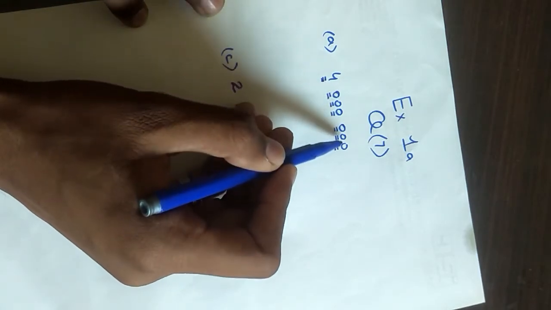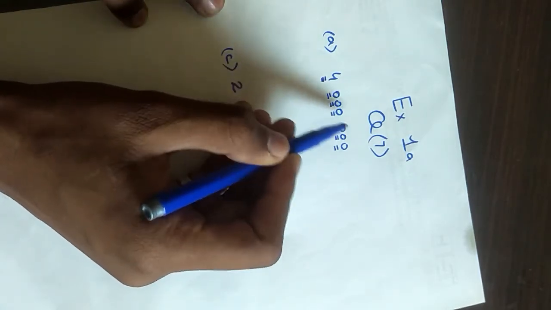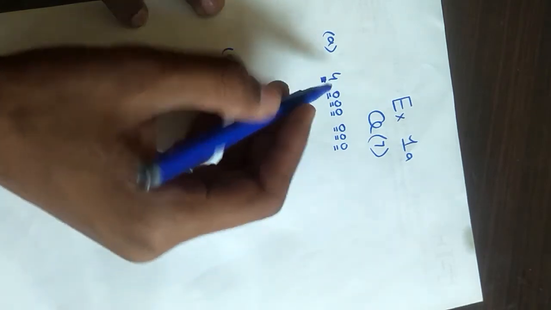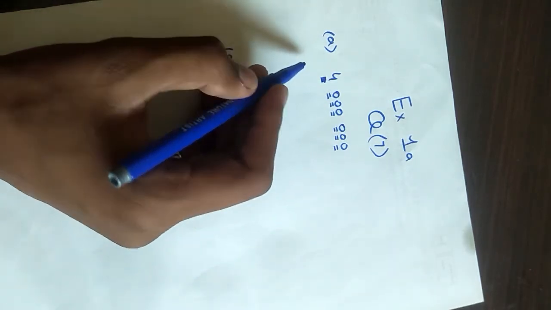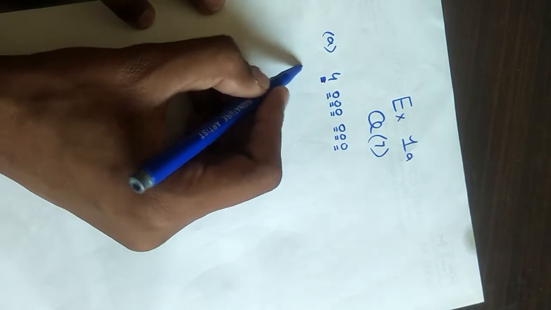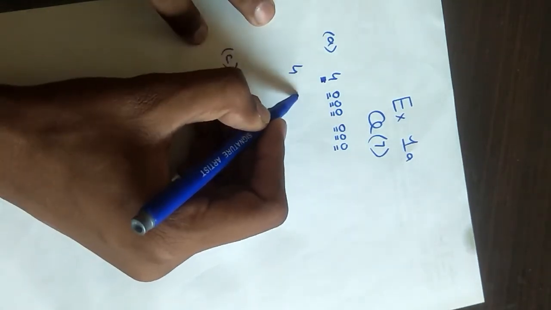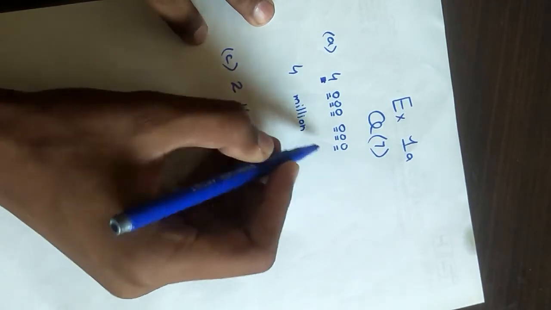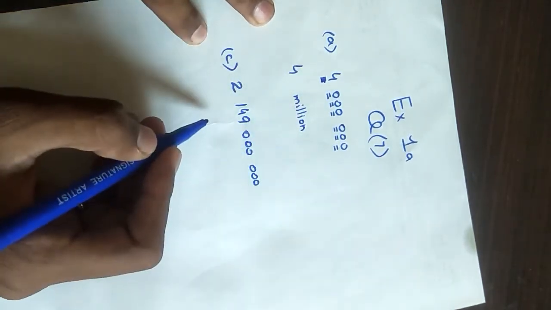All the numbers on the right side of the 4 are zeros, and this is counting millions. So the answer of this question is 4 million. Okay, then part C.